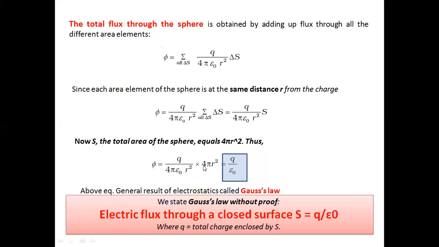So 4 pi cancels out, and r square also cancels out. What remains is flux phi is equal to q divided by epsilon naught.